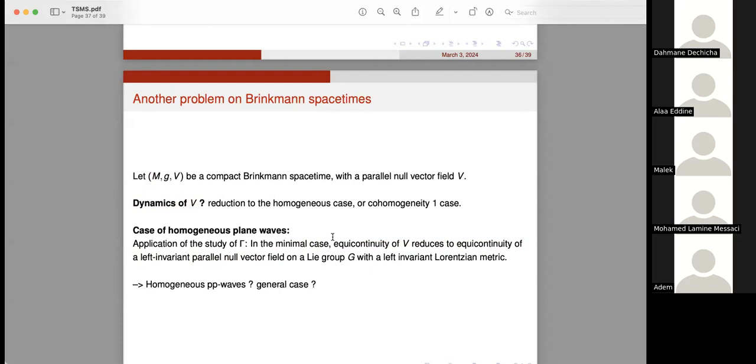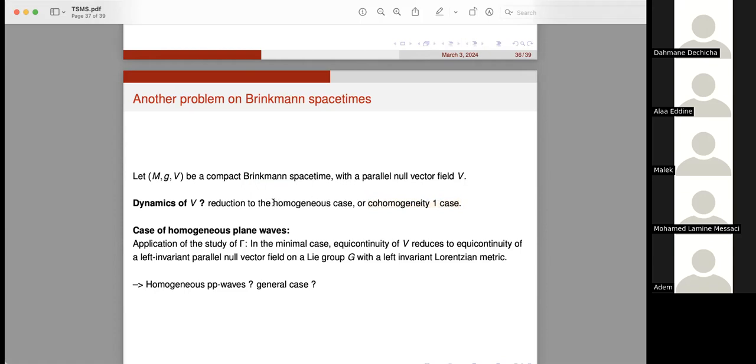But in fact, for general Brinkman spacetimes, we prove that this question of the dynamics of V reduces exactly to the homogeneous case or to the cohomogeneity one case. In the cohomogeneity one case, we know that this action preserves a Riemannian metric.